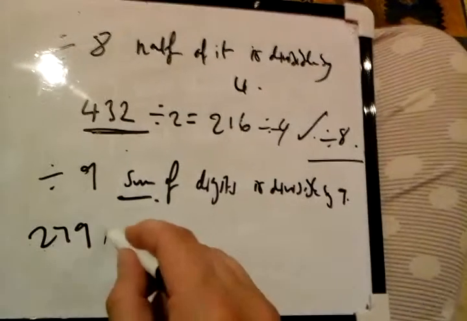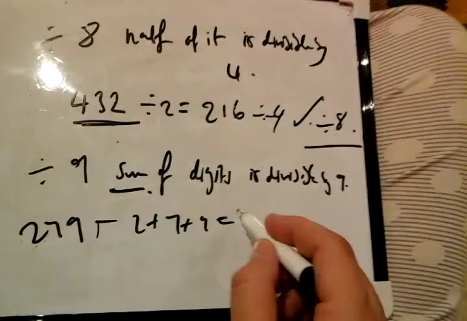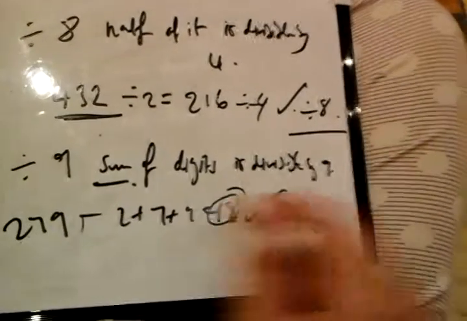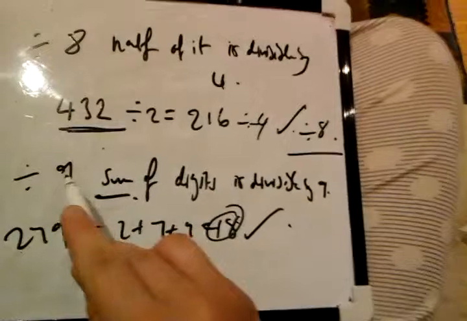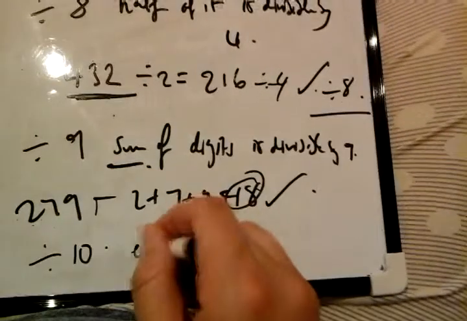The sum of the digits, so that's 2 plus 7 plus 9. 9, 18. Can you divide this by 9? Yes, you can. So that means this whole number is divisible by 9. Okay, and the last one is 10. You should know this one, it ends in 0.